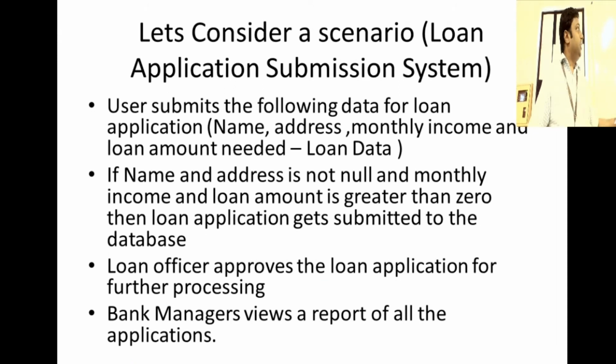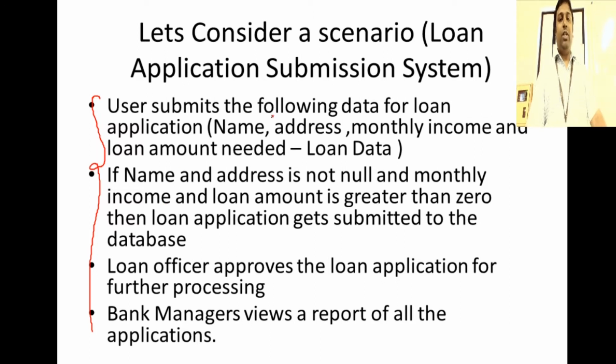This is the famous scenario which I have used for requirements gathering too. The loan application submission system. I have gathered some requirements, and I've just given the user requirements here. We have already gone through this during our requirements gathering phase.